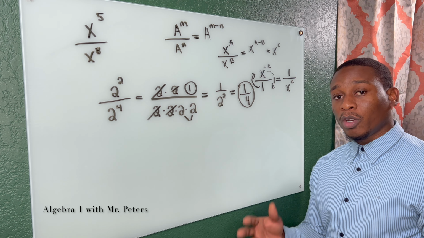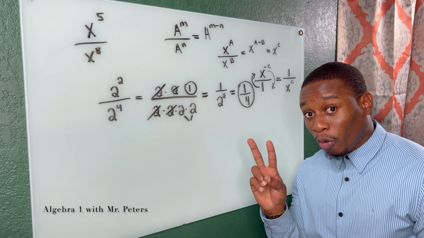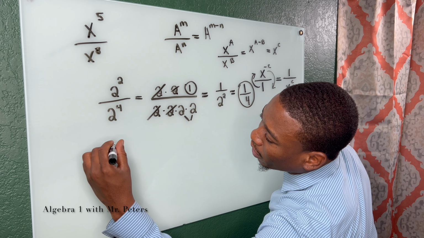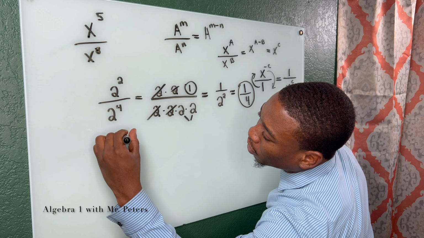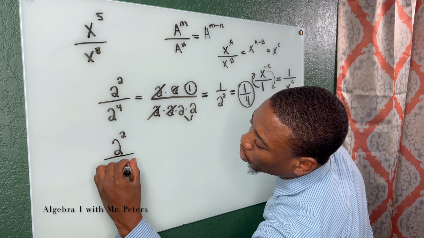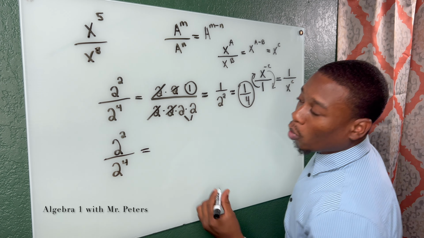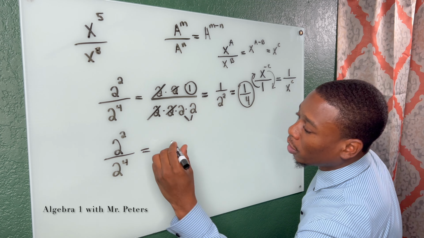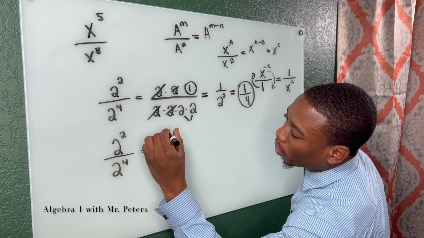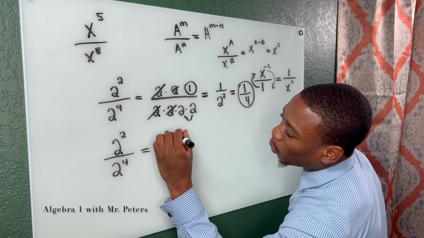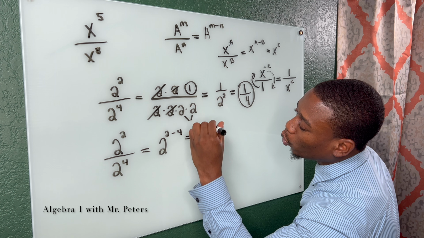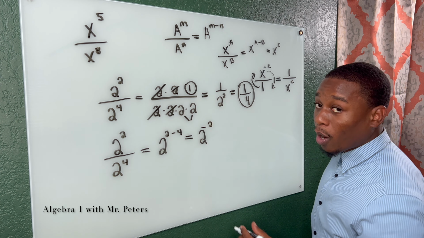Now, in approach number 2, my favorite method, what we do is we set it up. So we have 2 to the second power divided by 2 to the fourth power. So what I'll do is follow the rule and apply this step here. So we know our base is 2. I'm going to take that second power, subtract the fourth power, and as an answer, we're going to get 2 to the negative second power.